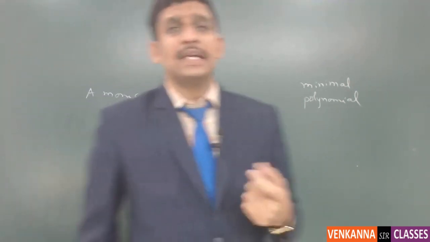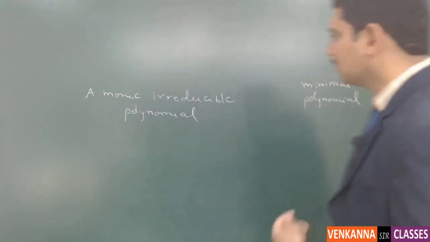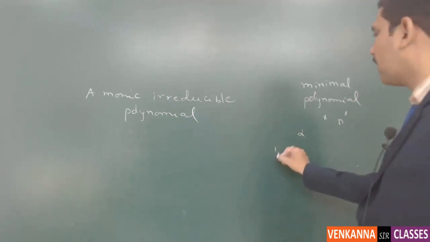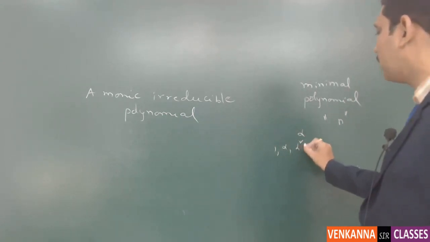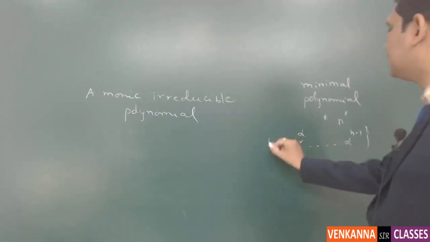Actually, while determining the basis, we will have a formula. If you have a polynomial, say of degree n, and this polynomial has root alpha, how to determine the basis? The basis is nothing but 1, alpha, alpha squared, and so on up to alpha to the power n minus 1. This is the basis.